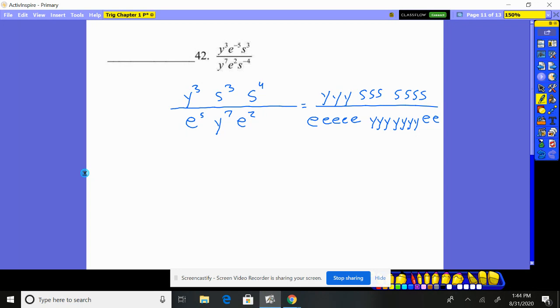Didn't think I would. 3 y's are going to go away with those 3 y's. So up top, what do we have? We have s to the 7th. In the bottom, how many e's? E to the 7th. And how many y's? Y to the 4th. There's problem 42.